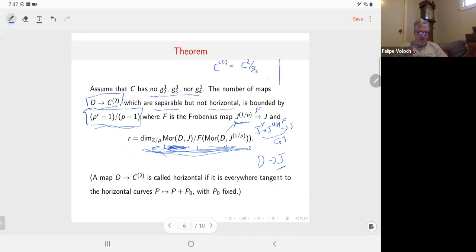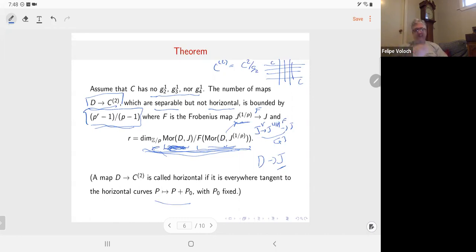So C squared has a picture like that, the Cartesian square of C cross C. Of course, you have the actual horizontal things, which are images of things like that, and the vertical things. But since I'm taking C squared modulo permuting the x and y coordinates, horizontal and vertical are the same thing.